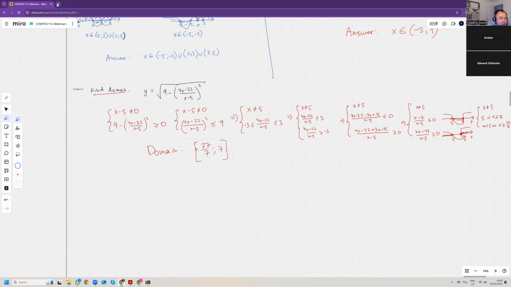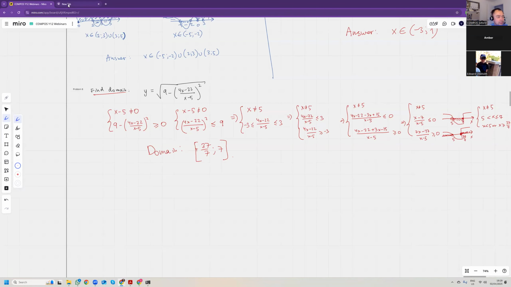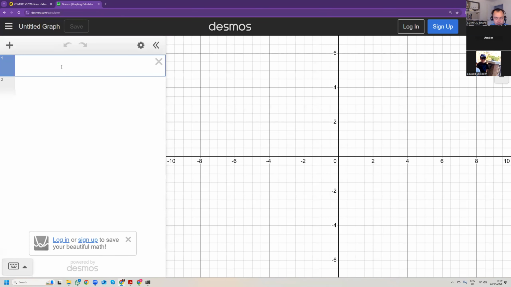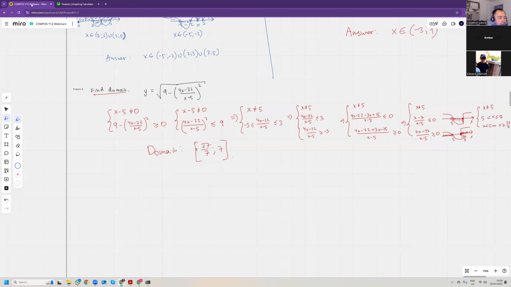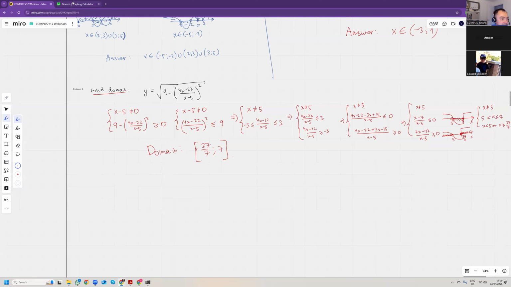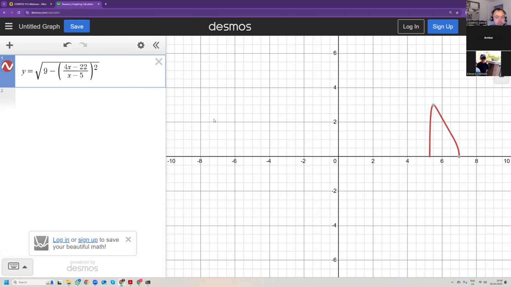And we can actually check that if you draw it in Desmos. y equals square root of 9 minus the fraction (4x minus 22) over (x minus 5), the whole thing in brackets squared.